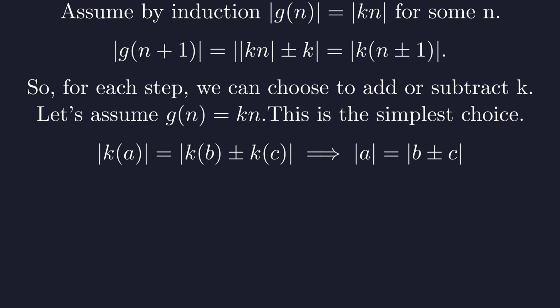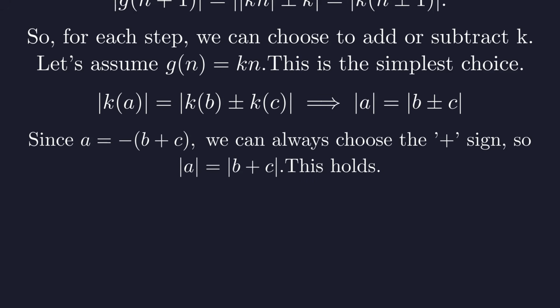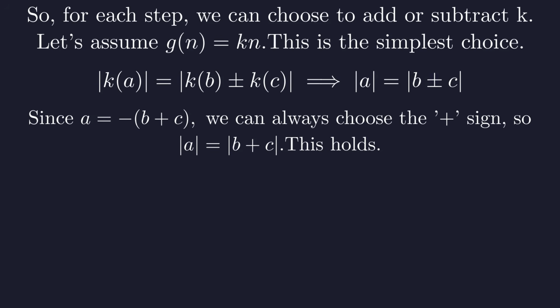Let's verify this choice. If g of n equals kn, our relation becomes the absolute value of a equals the absolute value of b plus or minus c. And since a equals negative b plus c, we can always choose the plus sign, for which the equality holds. So g of n equals kn is a valid solution for g.